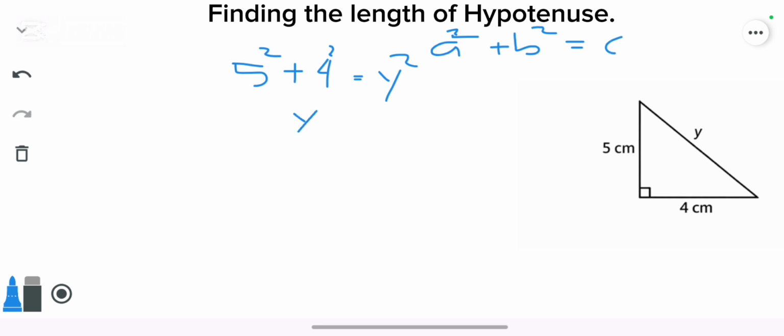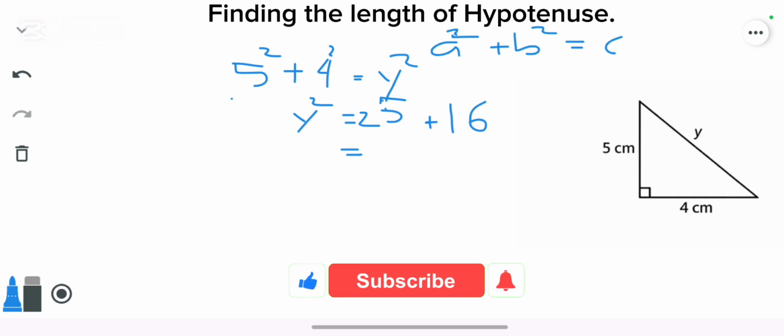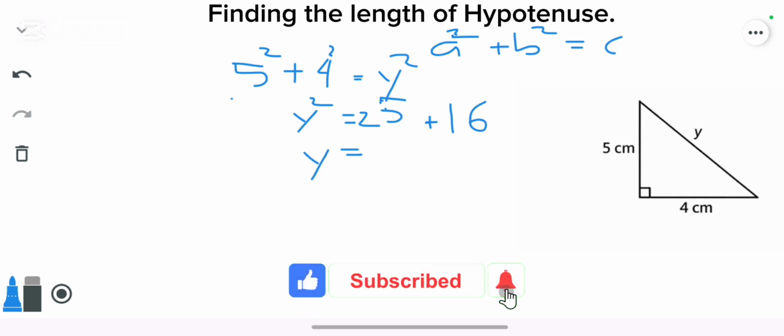So we make y squared the subject. Now 5 squared is equal to 25, plus 4 squared is equal to 16, and 25 plus 16 is equal to 41.